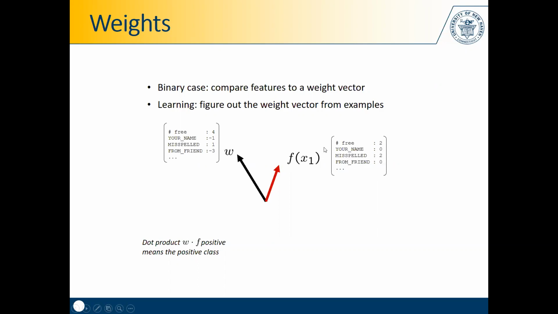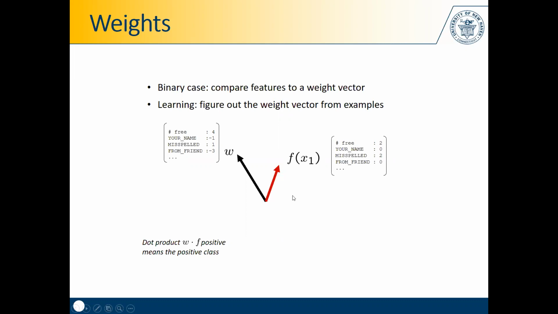What's the dot product of this vector by this vector? It's 2 times 4, which is 8, plus 0 times -1, 0, plus 2 times 1, 2, plus 0 times -3, 0. If the dot product is positive, it means that this belongs to the positive class. What is the dot product? It's 8 plus 2, it's 10. So this input sample x1 belongs to the class spam.